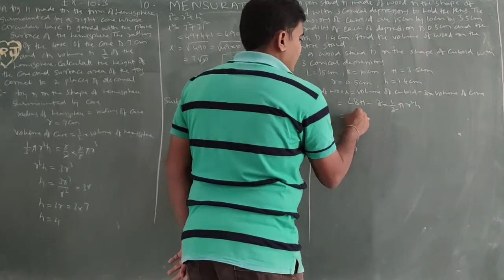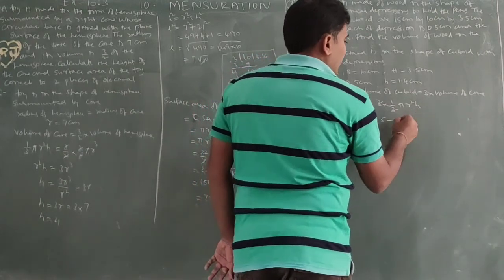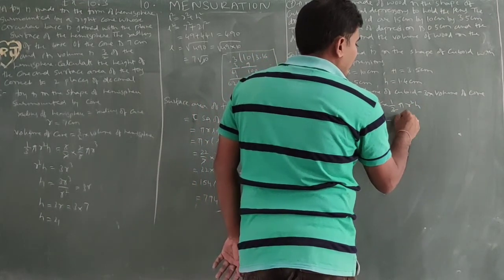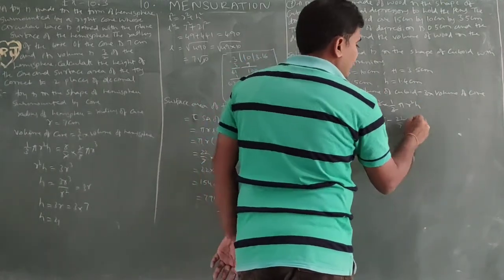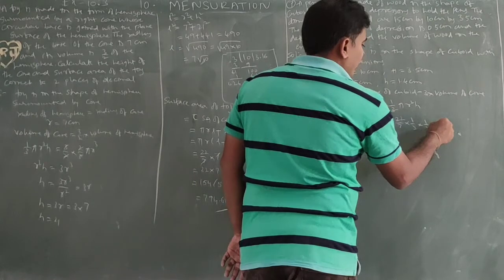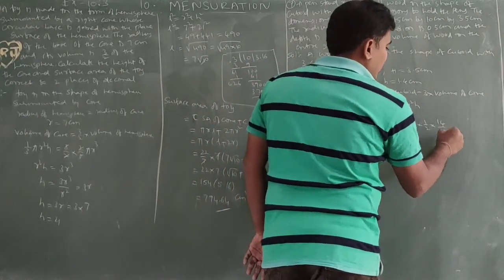So length 15, breadth 10, height 3.5, minus pi equal to 22 by 7, r equal to 0.5, which is 1 by 2 into 1 by 2, h equal to 1.4, 14 by 10.